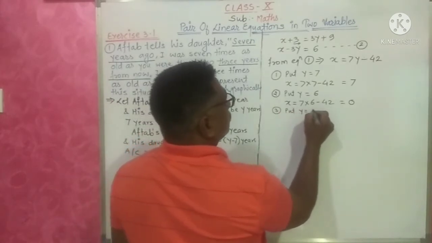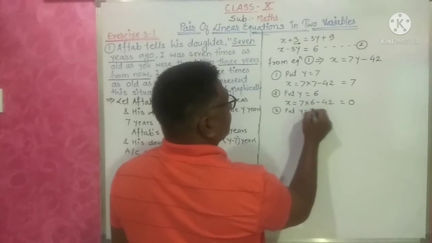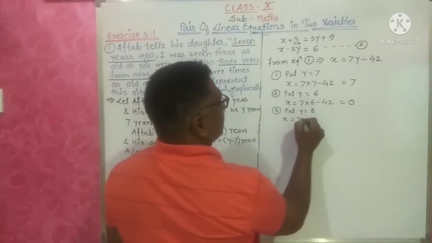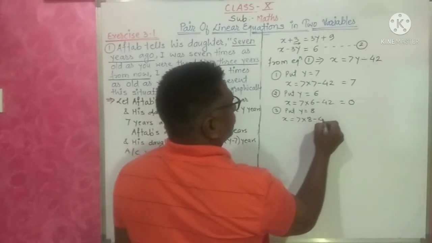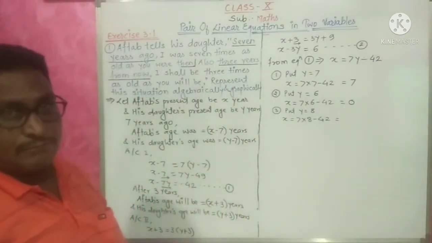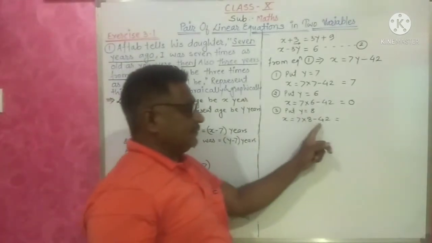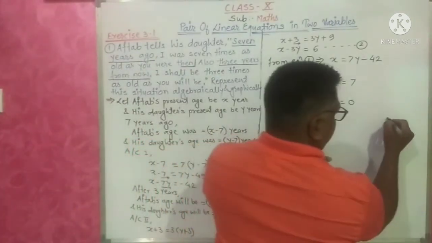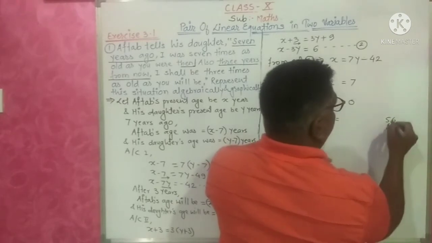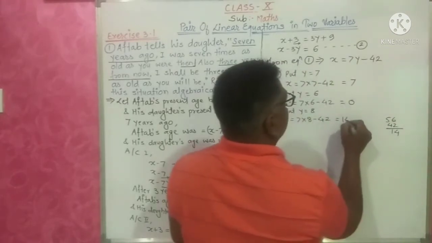y equals to 8. So x equals to 7 into 8 minus 42. What will we get? 7 8s are 56. 56 minus 42, 14.